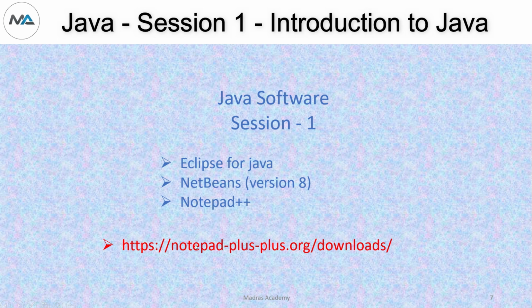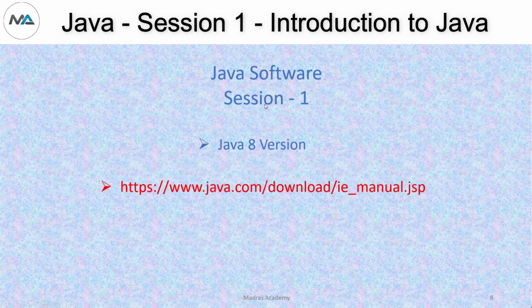So you just go to this link, download the software and install it in your system. And we need Java software also, and you have to download the Java 8 version. For the Java 8 version download, go to this link and download the software.